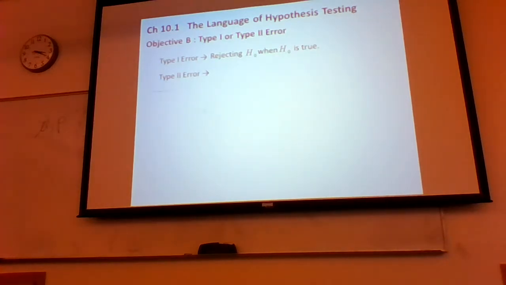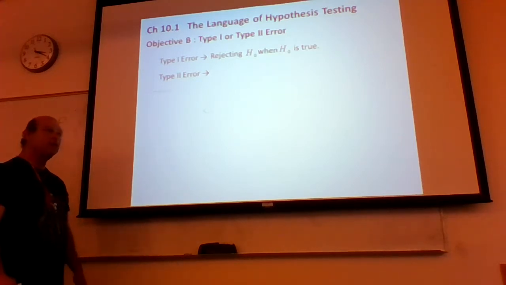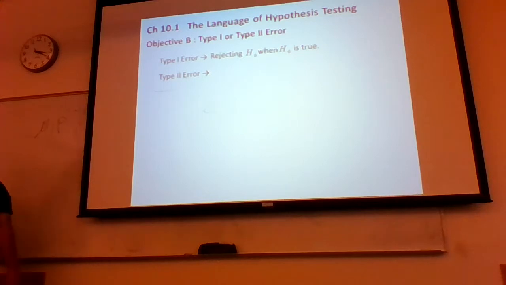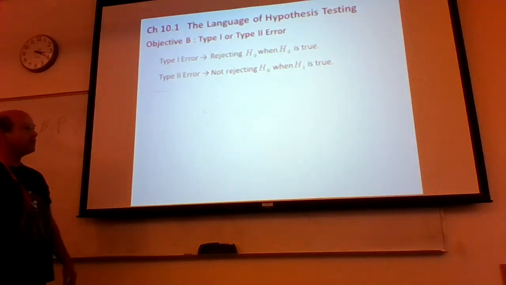The other type of thing you can do is create or commit an error. The other type of error that we can have is called a type 2 error. This is what's called a false negative. You don't reject the null hypothesis when in fact the alternative is true.